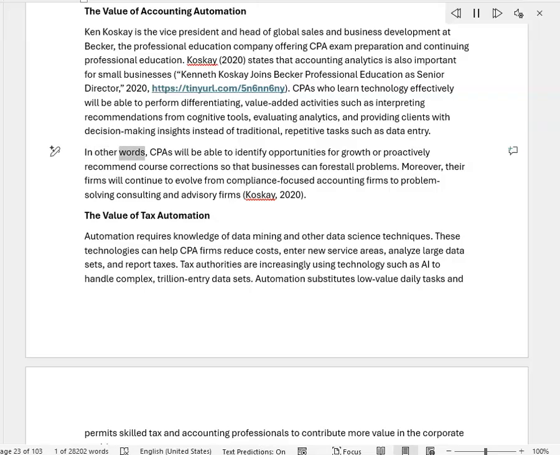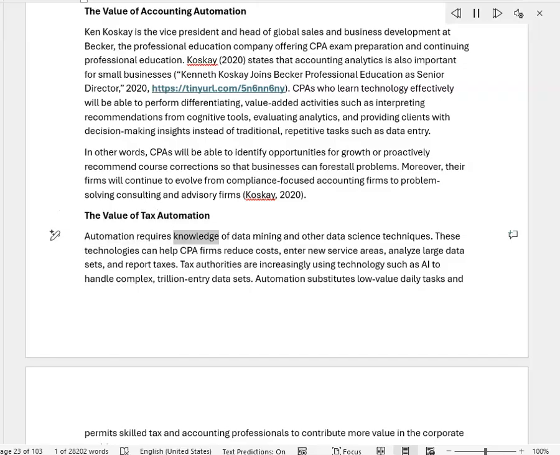In other words, CPAs will be able to identify opportunities for growth or proactively recommend course corrections so that businesses can forestall problems. Moreover, their firms will continue to evolve from compliance-focused accounting firms to problem-solving consulting and advisory firms. Kosuke, 2020.